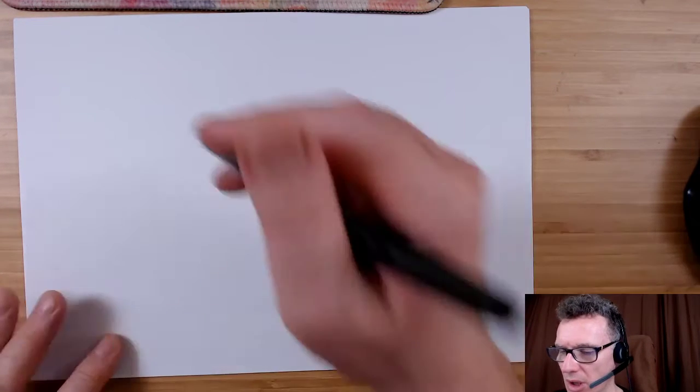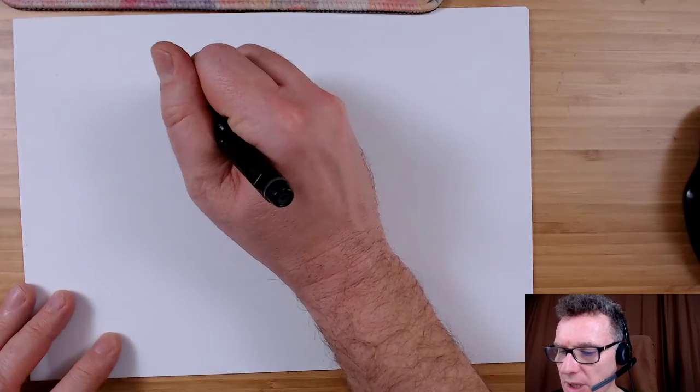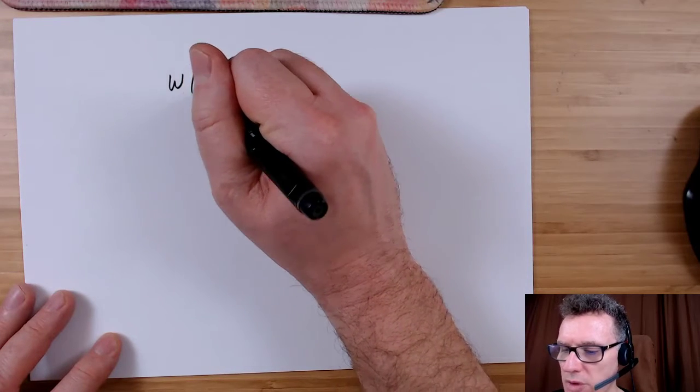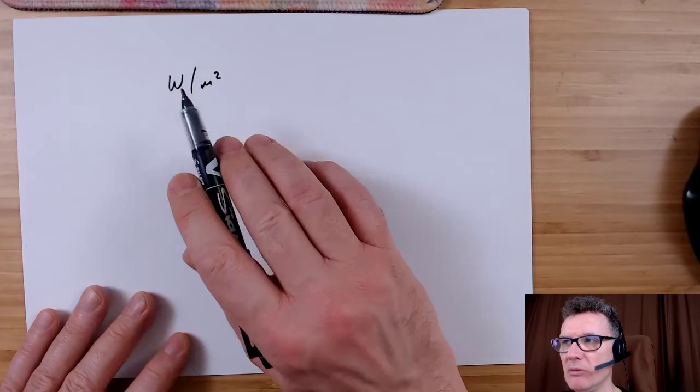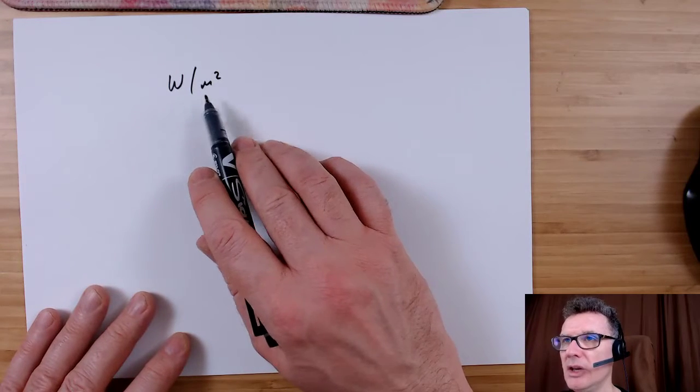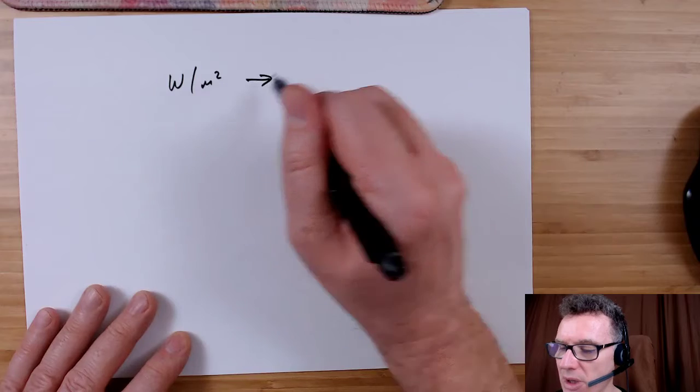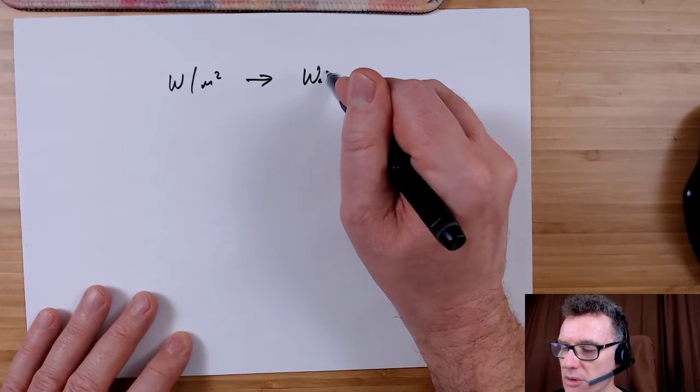For your part D, which you're struggling on, the first thing you want to do is, I think you've got some data in terms of watts per meter squared. So this is basically giving me flux, energy flux. So the first thing I need to do is convert this into watts.